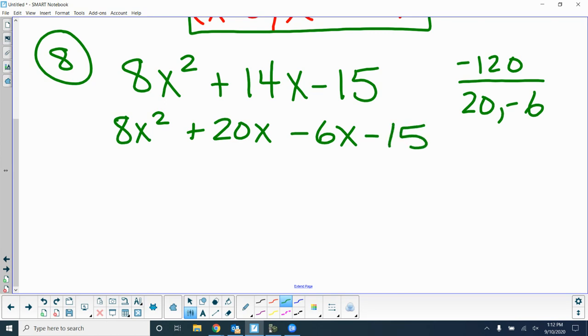Thank you. So, John, you just take those two numbers and replace the 14x with those two. So we make it 4 terms. So it looks like the last problem. Looks like a grouping problem. Now, this one hasn't happened for the last couple ones we grouped. There's a negative in front of that 6, so put it inside the group. Just put your little plus sign in between them.